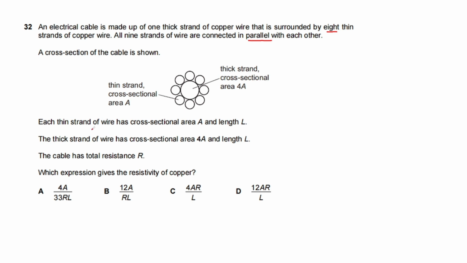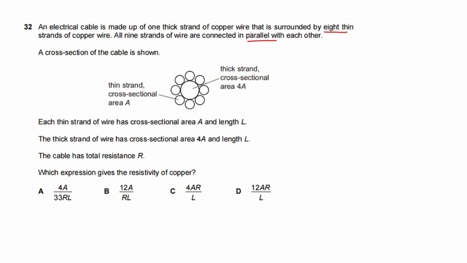Each thin strand of wire has cross-sectional area A and length L. The thick strand of wire has cross-sectional area 4A and length L. The cable has a total resistance R. Which expression gives the resistivity of copper? Since these are of the same material, the resistivity stays the same, right?